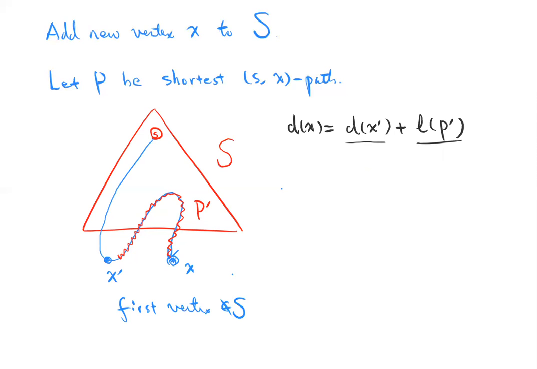Now, here's the key observation. What is this one? This one is delta X prime, because of property B. Because of property B, dx prime equals delta x prime, because for this path, all internal vertices are inside S. So the meaning of delta is exactly the length of the shortest path from S to X prime whose internal vertices all reside inside S. So therefore we have this one.